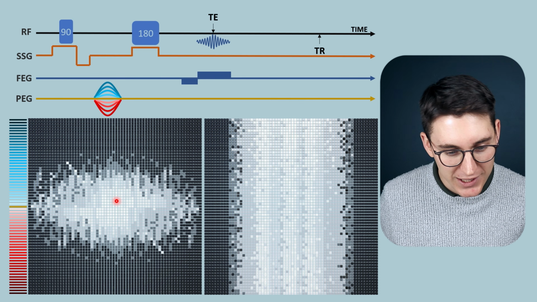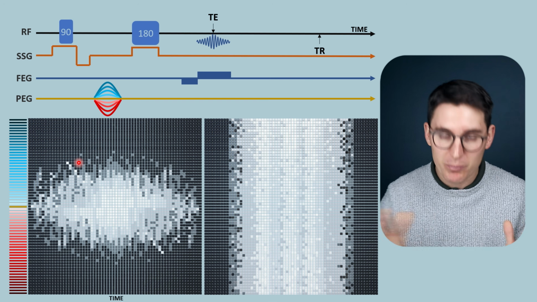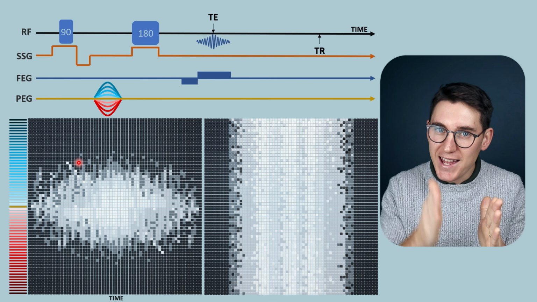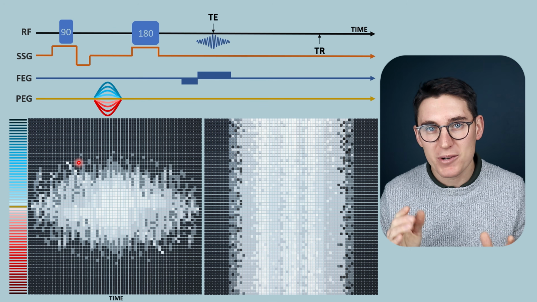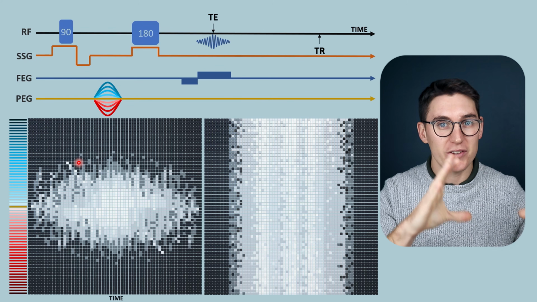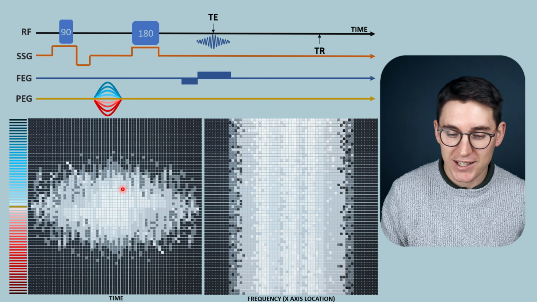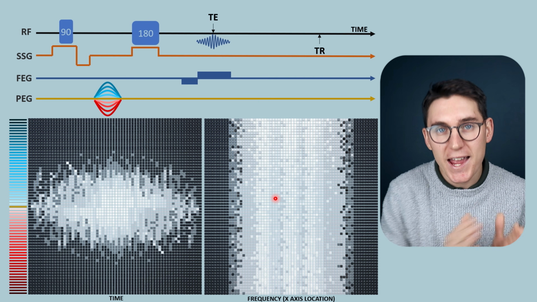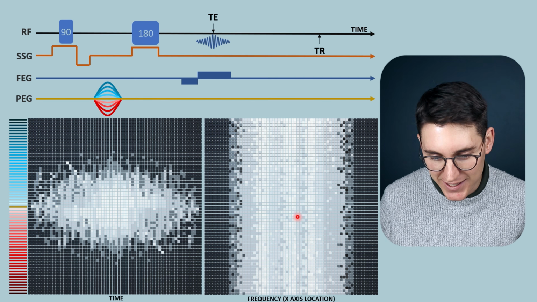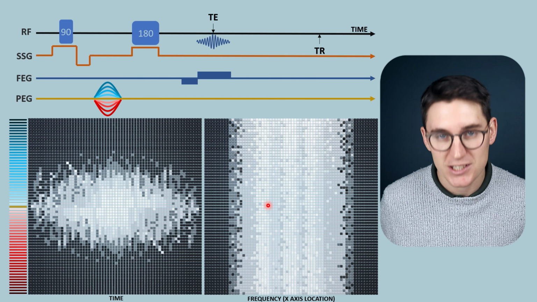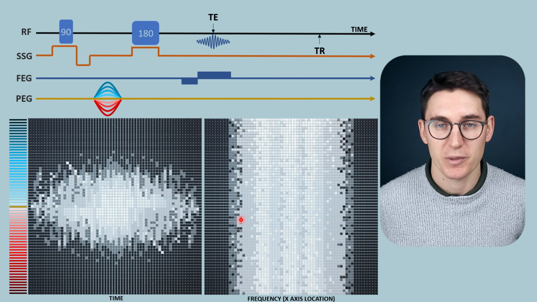So we can convert k-space data, which is time-based data. Each point along the x-axis in k-space represents the net magnetization vector of the entire slice at a given period in time. And we can convert that into a frequency-based or x-axis location-based data set here. This process is a one-dimensional inverse Fourier transformation.